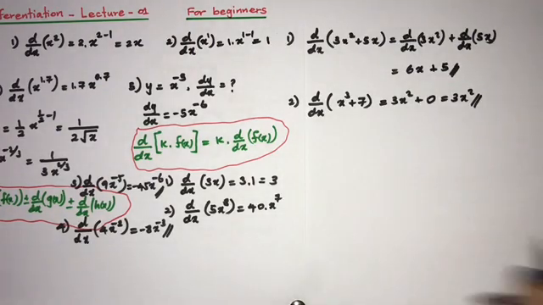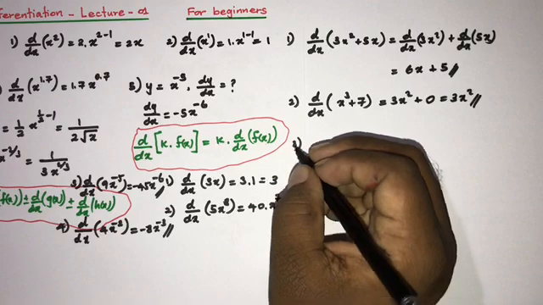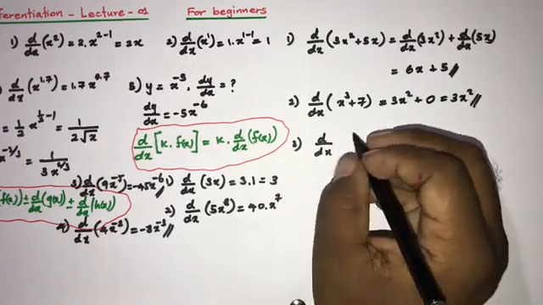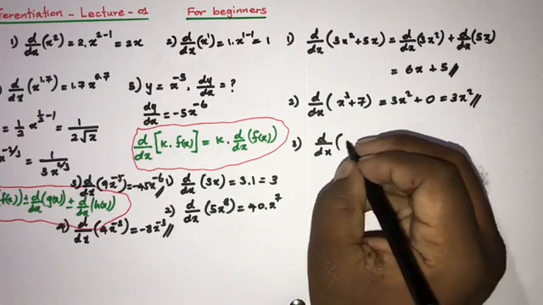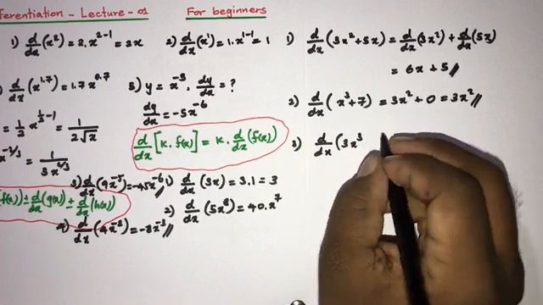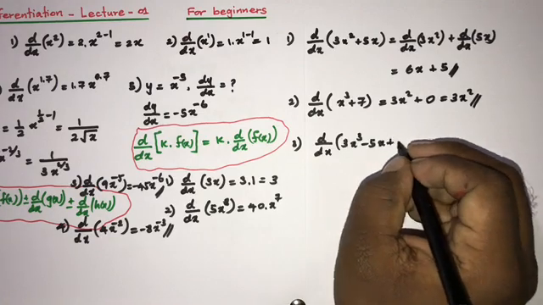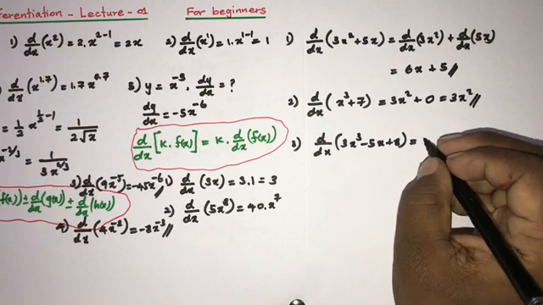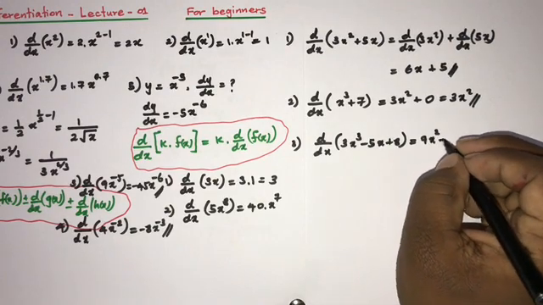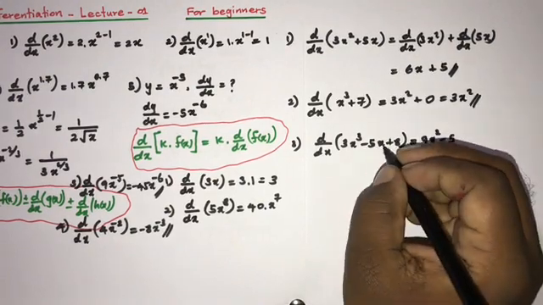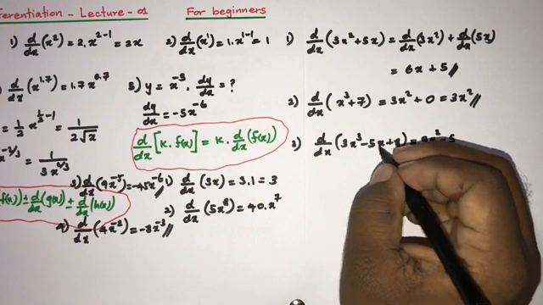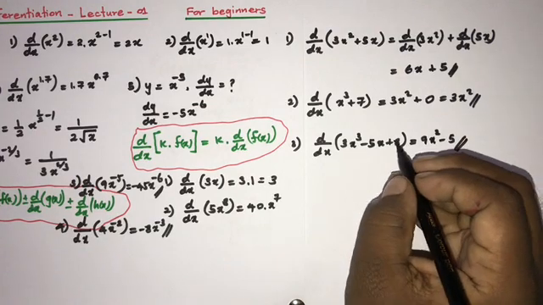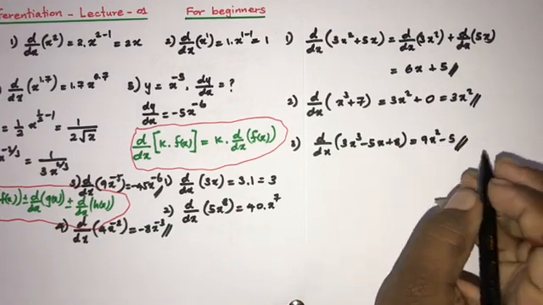Well, now example number 3, d by dx of 3 times x to the third power minus 5 times x plus 8. Here 3 times 3 is 9 times x squared, minus 5 times the derivative of x, which is 1, so minus 5, plus 0, because the derivative of a constant is 0.